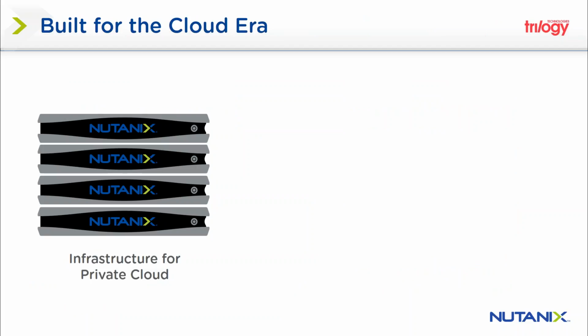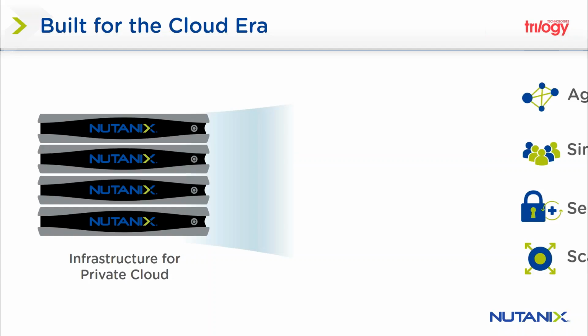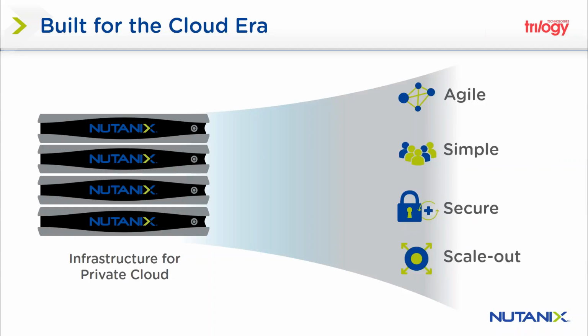So basically, we're taking what was a complete mess of 3-tier storage, SAN, and compute architecture, and dropping it into highly converged, or as we call it, hyperconverged infrastructure, which mimics what the cloud service providers do. So really, it is an infrastructure for private cloud, and we gain the benefits that those web-scale cloud providers gain from their infrastructure.